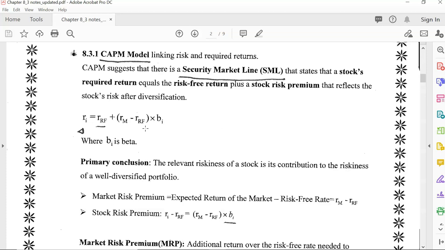When we're talking about stock risk, we're not talking about the standard deviation or the coefficient of variation that we used to measure standalone risk or total risk for a single stock anymore. We're talking about a stock that we're holding in a portfolio.